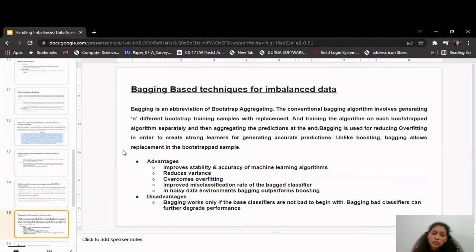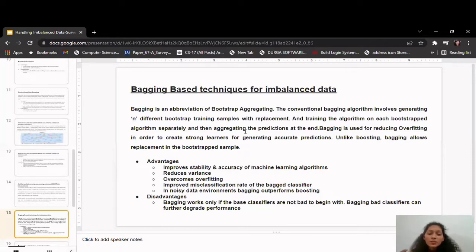Now the bagging based techniques for the imbalanced data. So let us talk about bagging now. Bagging is an abbreviation of bootstrap aggregating. The conventional bagging algorithm involves generating different bootstrap training samples with replacement, and then training the algorithm on each bootstrapped sample separately, and then aggregating predictions at the end.